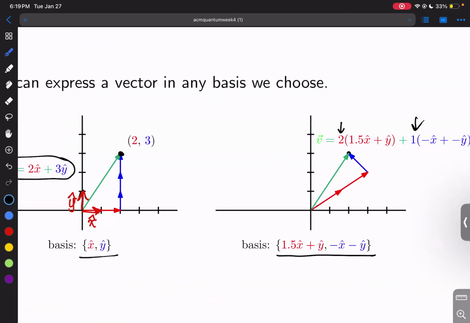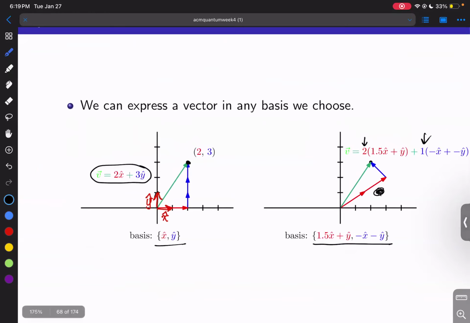You can see that when you add up the vectors, which are these red and blue arrows, you get to the same point in space. So those are different bases that we use to represent vectors. Questions on that? Okay.